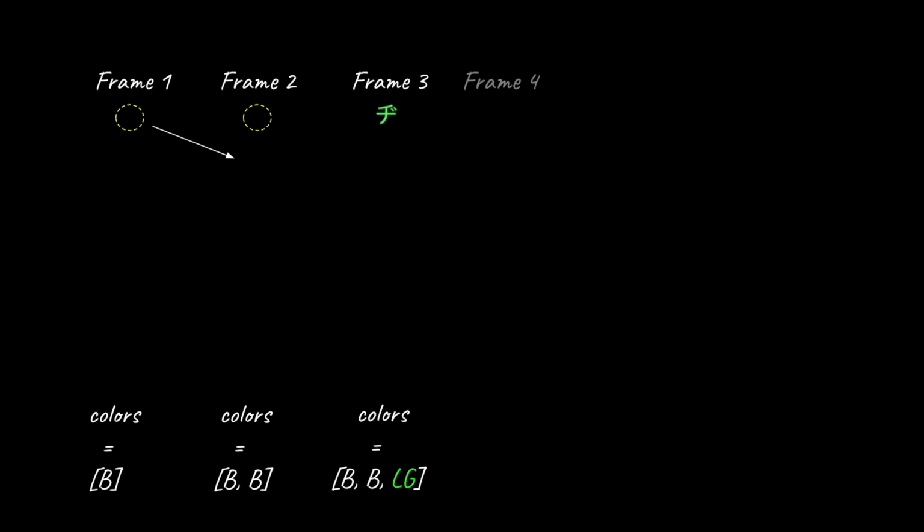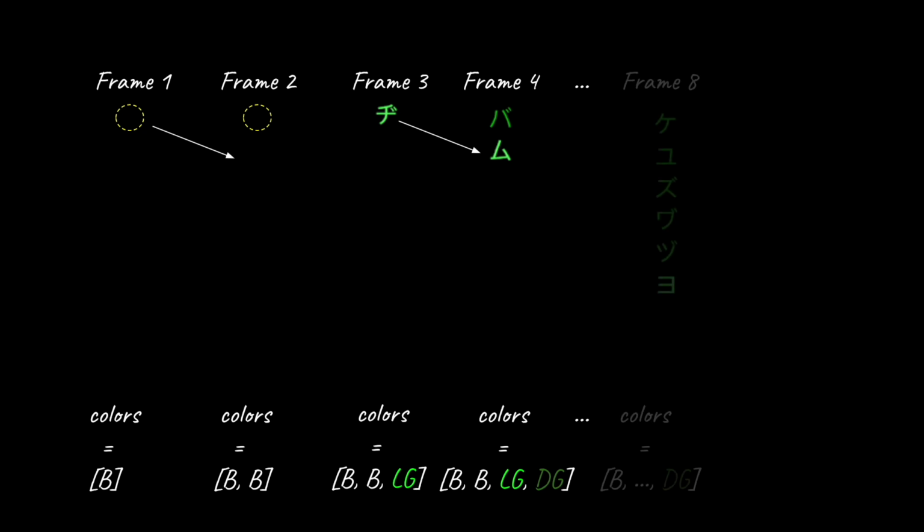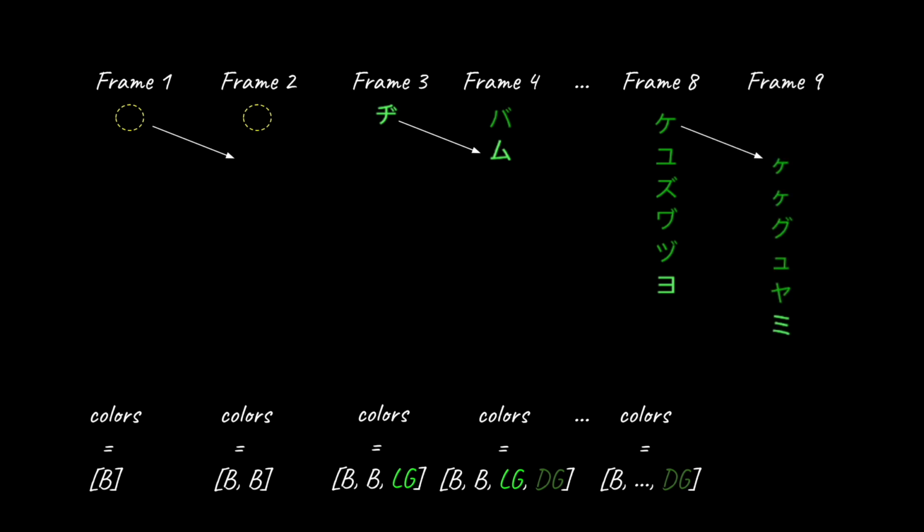Next, at frame number 4, another character pops out, however this time it's going to be colored dark green. That's because all the characters of any sequence are always going to be dark green, except for the first one. So again, if you fast forward this to frame number 8, there's going to be a sequence made of 6 characters. However, at frame number 9, this sequence stops. That's why we're going to add black to the color variable.